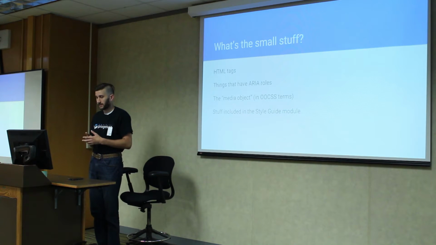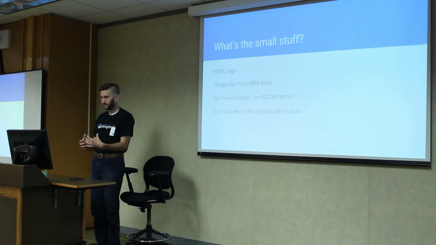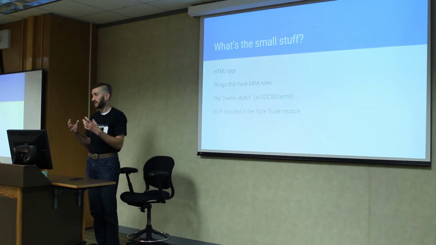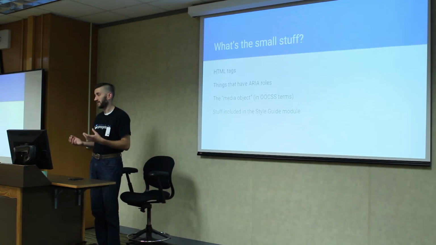Then the best piece of object-oriented CSS, since I don't know how much CSS you guys do, people have moved to SMACSS and BEM and all these other things, but the cool thing in 2009 about OOCSS was the media object, and it's something that you see everywhere. It's like, here's a picture or a video, a title, and some text.